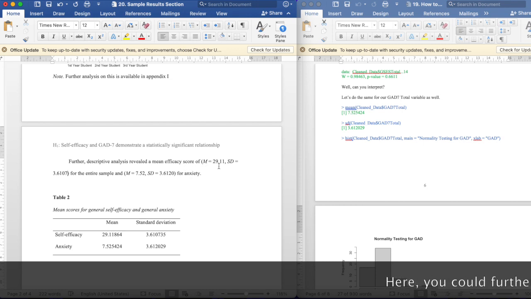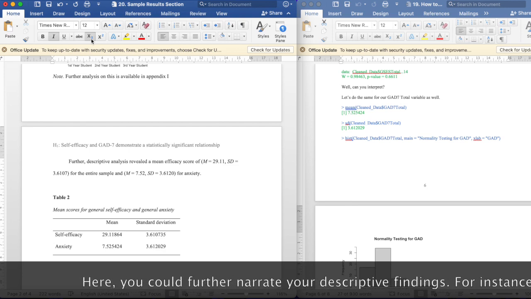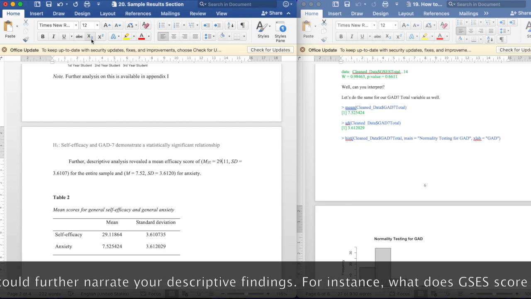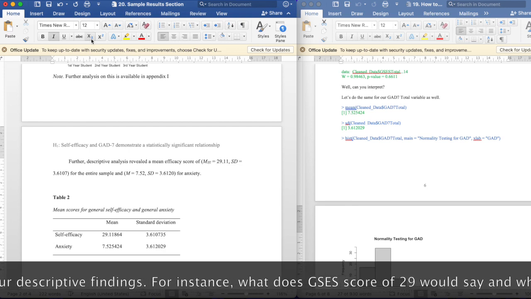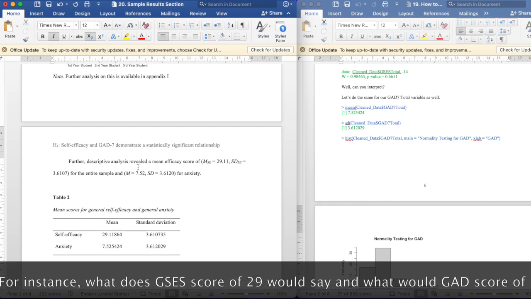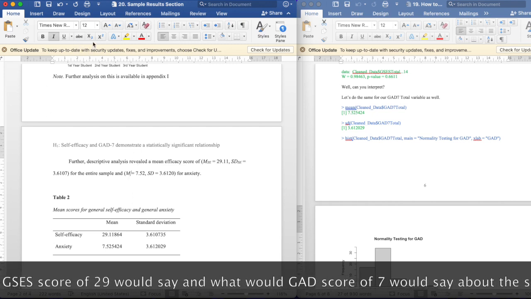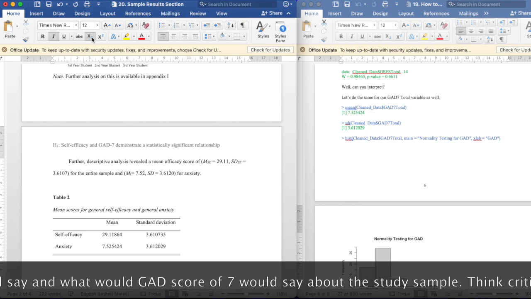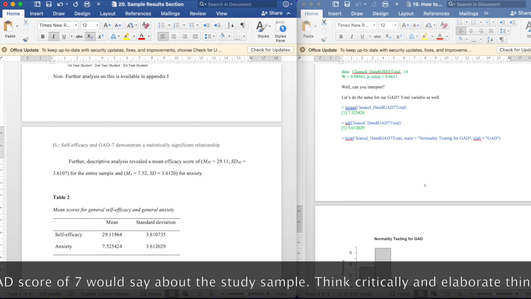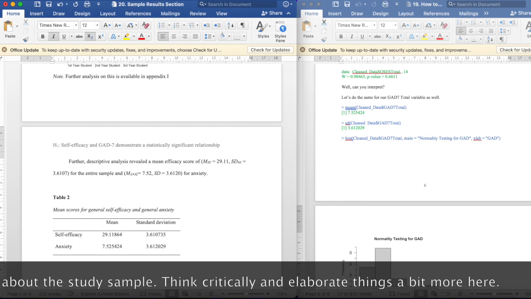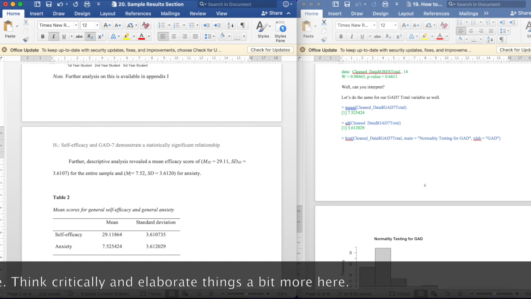Now okay, now here's the thing. Just to make it a little bit more identifiable, I'm going to write it as self-efficacy like this, and then standard deviation once again, self-efficacy like this, and then here I'm going to write again mean, let's say ANX, or let's say general anxiety disorder, no, let's say GAD.